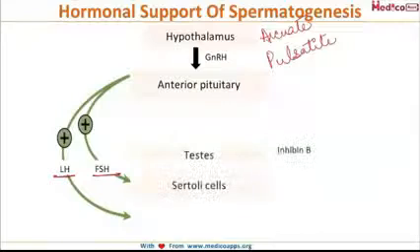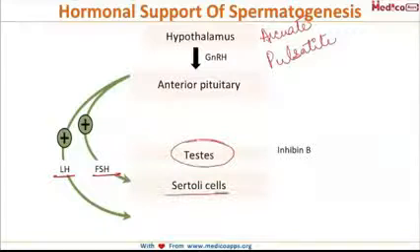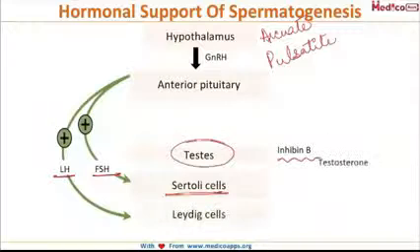Now what is the end organ for these gonadotropins? It is the testis. So FSH has its receptor on the Sertoli cells, and so it acts on the Sertoli cells releasing inhibin B. And the LH has its receptor on the Leydig cells, and it leads to the release of testosterone. So how do you remember this?